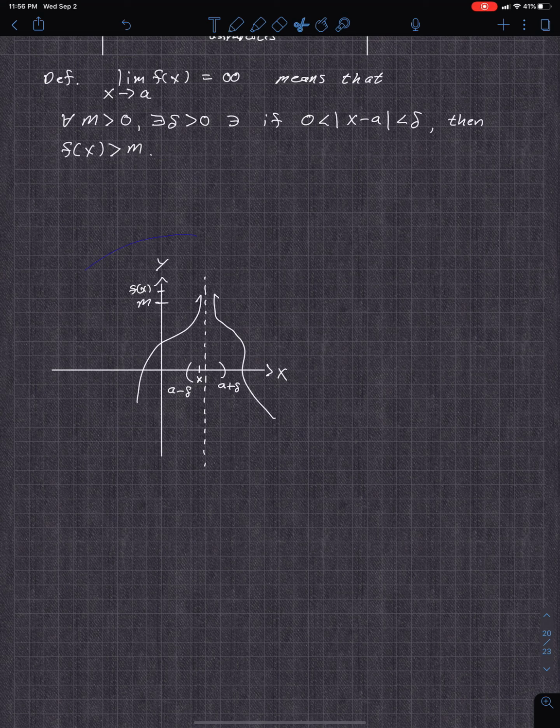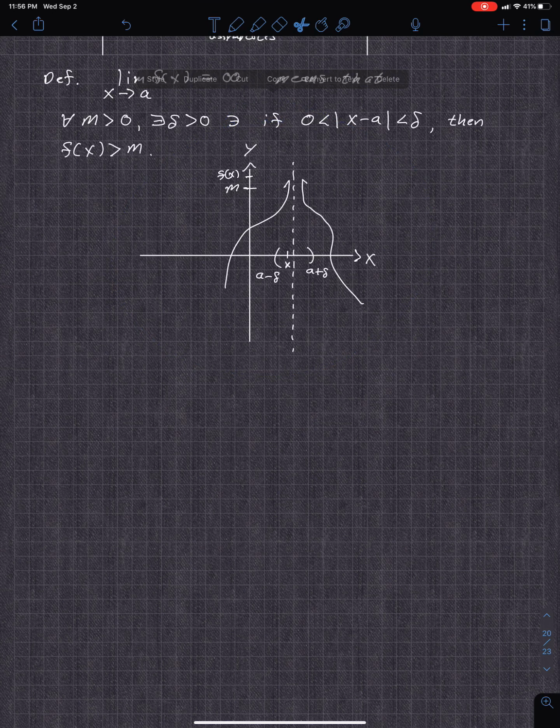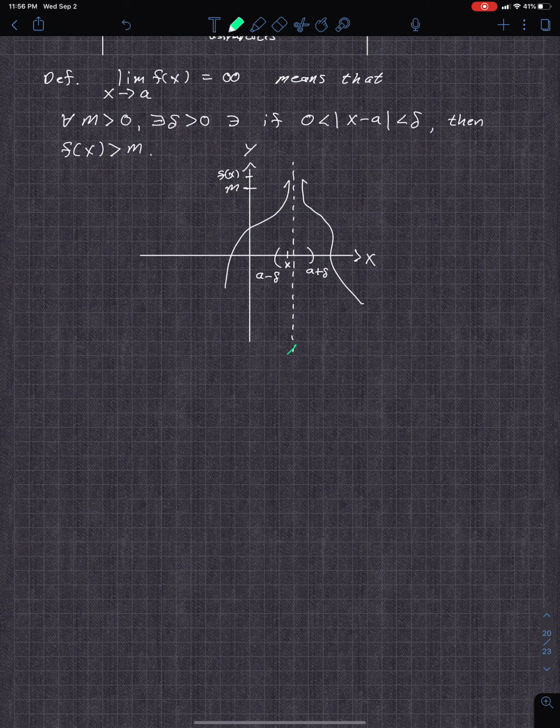Okay, so here's our graph that represents that statement. Basically, for any m, as long as you're close enough to the limiting value a, this is x equals a, then the function value will be greater than m.